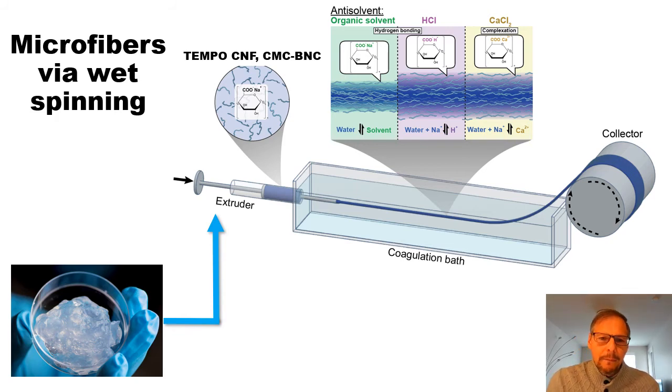In that case, imagine that in the syringe we have bacterial nanocellulose dispersed in water and is injected as a dispersion in a coagulation bath that contains water either with HCl, calcium chloride, or maybe also you can imagine that that coagulation bath is just simply an organic solvent like maybe acetone or ethanol. So what is going to happen is that the bacterial nanocellulose, or in general the cellulose ribbons, will coagulate and will form a thread or a filament that you can collect.